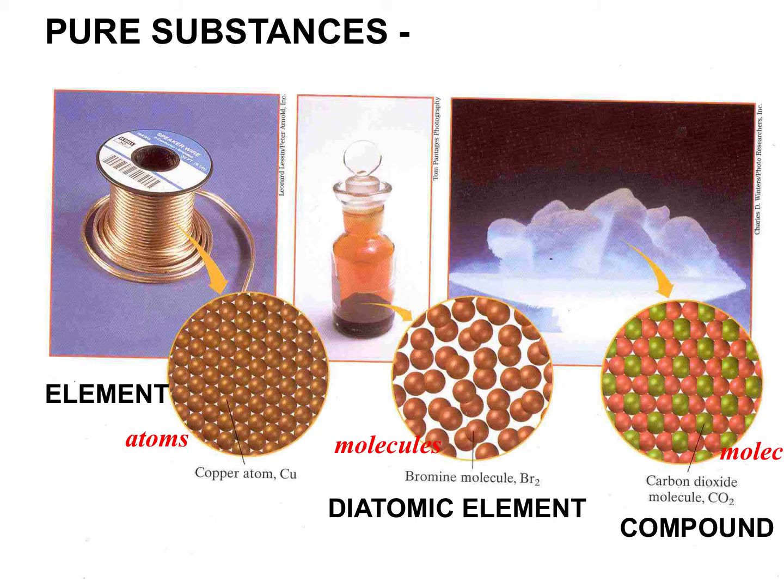The word we use for these little pieces is particles, and the particles are atoms and molecules. That's the particles we're talking about right now. So copper exists as atoms. Bromine, because it's a diatomic element, exists as molecules. And carbon dioxide also exists as molecules.